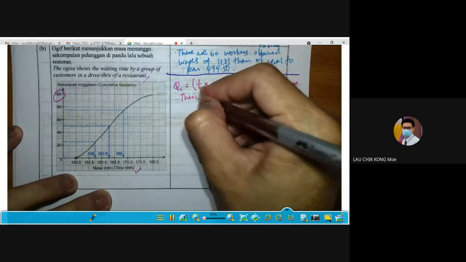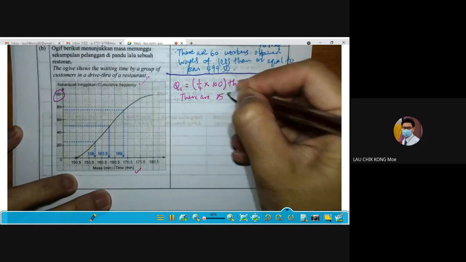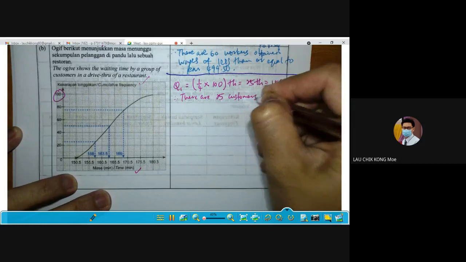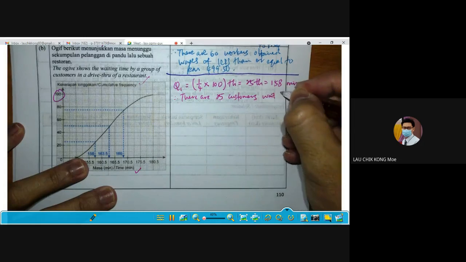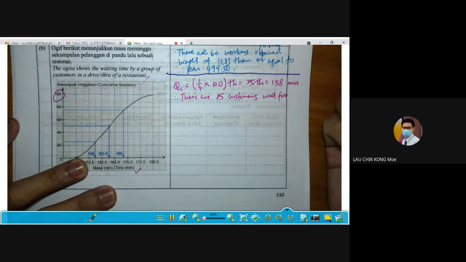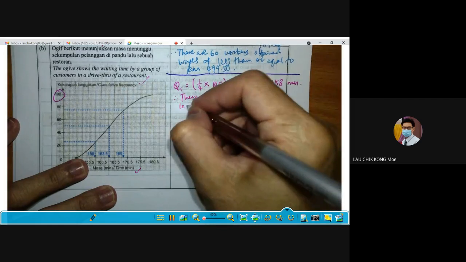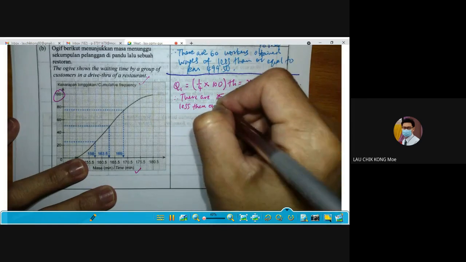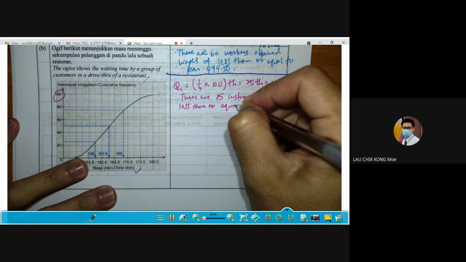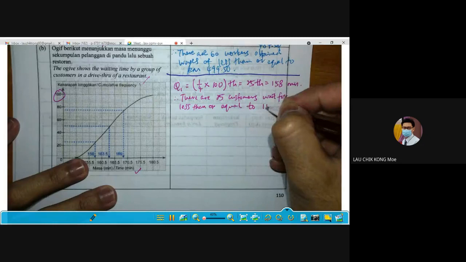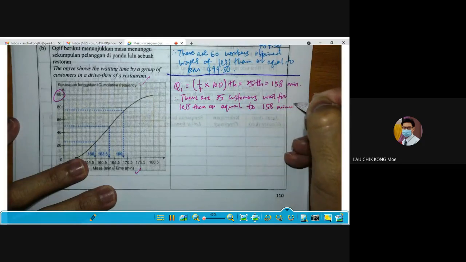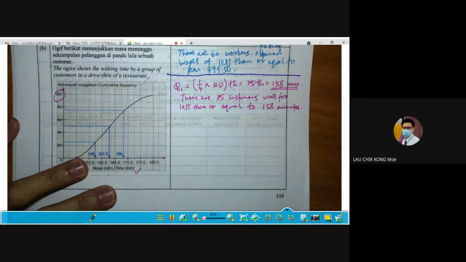Okay, there are 25 customers wait for, customer itu tunggu wait for less than or equal to. Tunggu berapa lama? Kurang daripada atau sama dengan 158 minutes. Okay, so that is meaning of the Q1. That is the meaning of Q1 now.